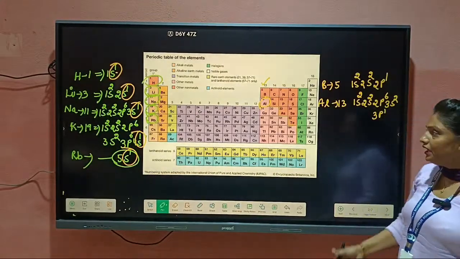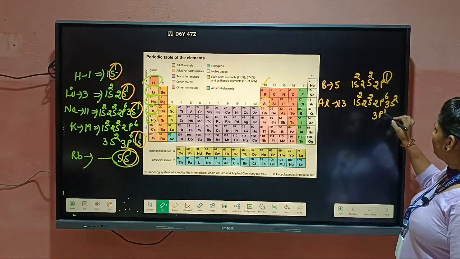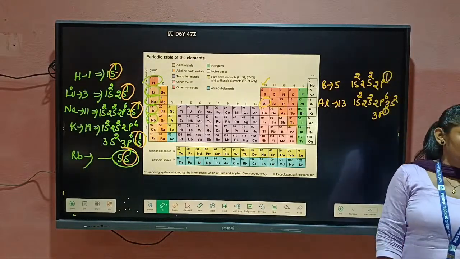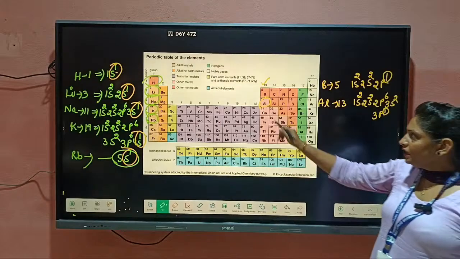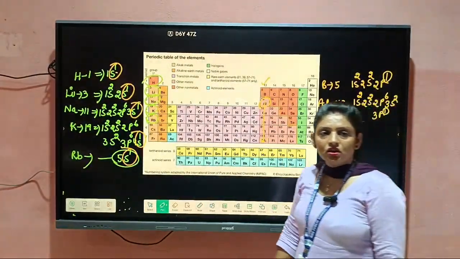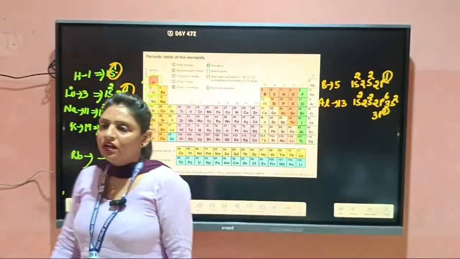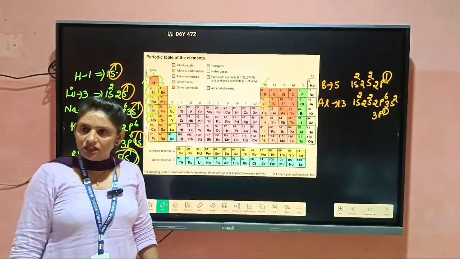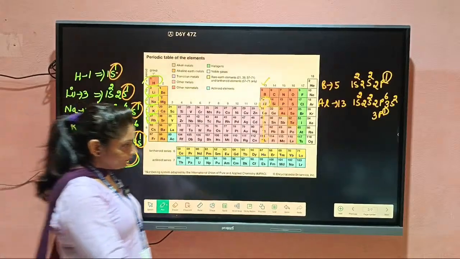Again there is one electron present in the p orbital. So the configuration is going to repeat. Hence, their properties are also going to repeat after an interval. Is it clear to you or not? Yes.